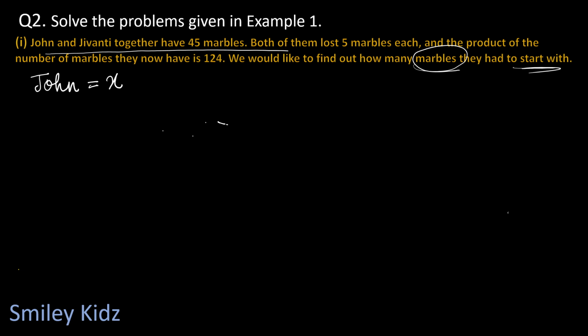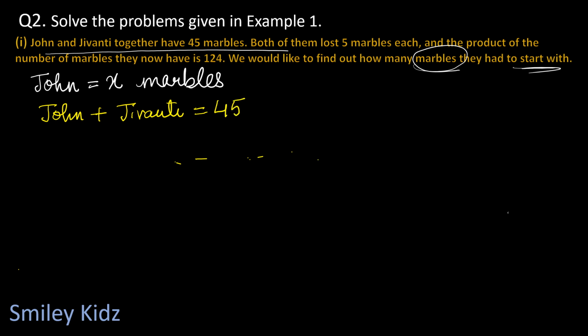So John presently has x marbles. Now, in the question, it is clearly given that the number of marbles John and Jivanti together have is 45. We have assumed that the number of marbles with John is x.